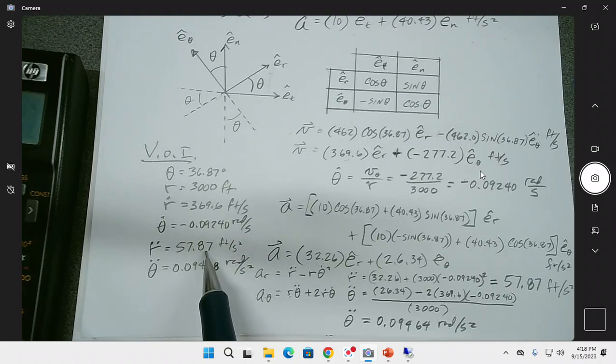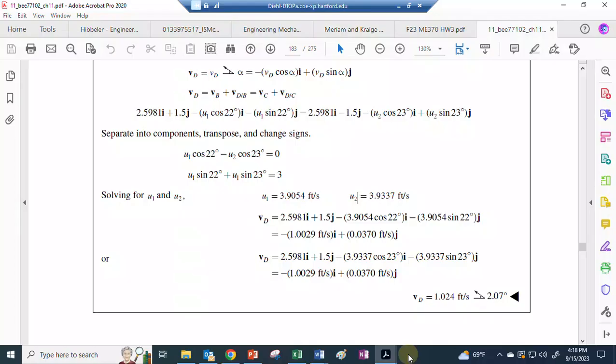I doubled that and they doubled that. What number is this? It's 169.